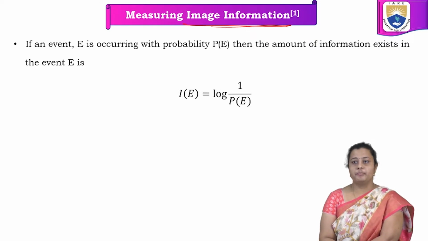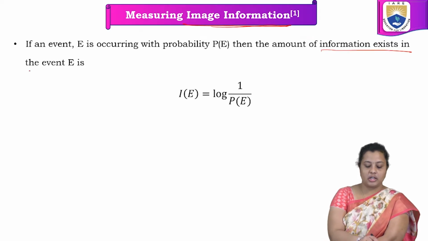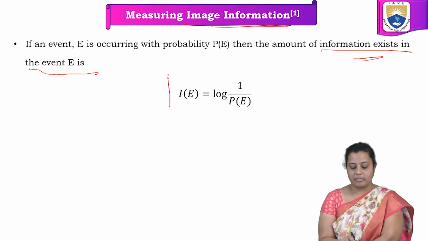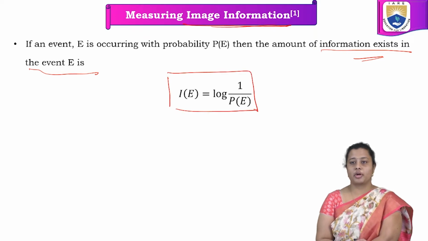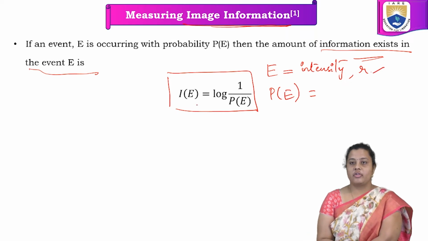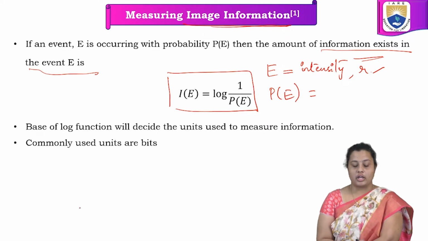We are talking about the information that exists in an event E. The information in that event is given by log of 1 by probability of E. If E is the event of occurrence of some intensity r, then P(E) is the probability of occurrence of the intensity r, and the information conveyed is I(E) = log of 1 by P(E).